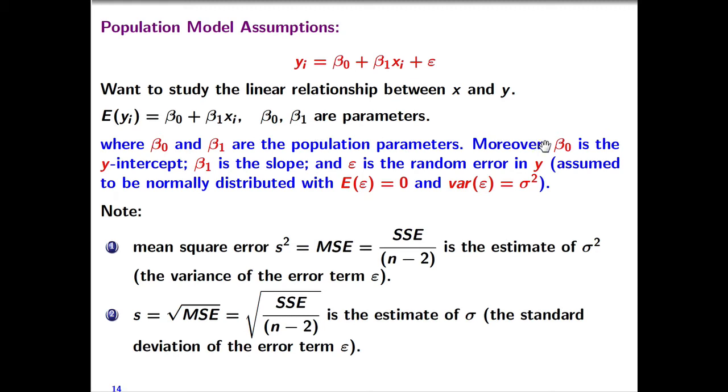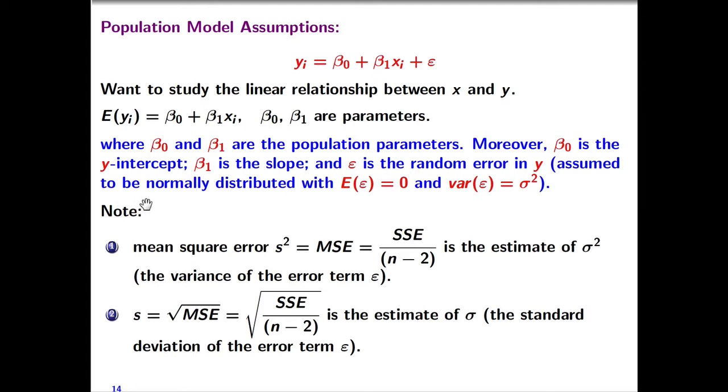Moreover, beta 0 is the true y-intercept and beta 1 is the true slope, and epsilon is the random error in y assumed to be normally distributed with the expected value of epsilon equal to 0 and the variance of epsilon equal to sigma square.